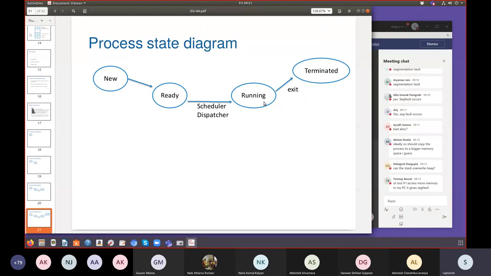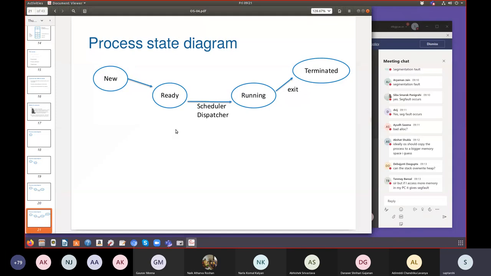But in a modern system, we know that we want to make the system much more efficient, and therefore we have added many complexities. Now we have many processes in the memory, and possibly a large number of them want to be allocated the CPU. And we have discussed that the CPU will move in a time sharing mode.